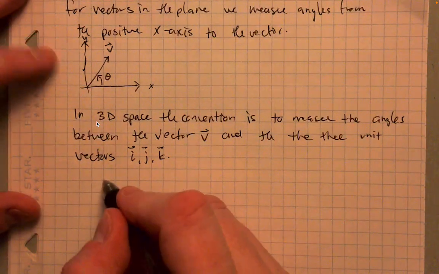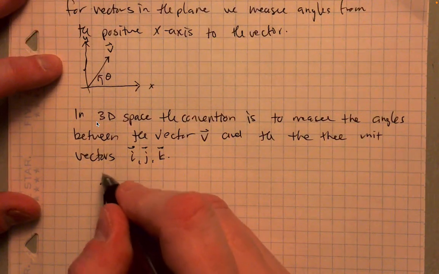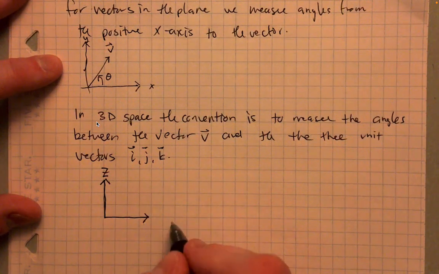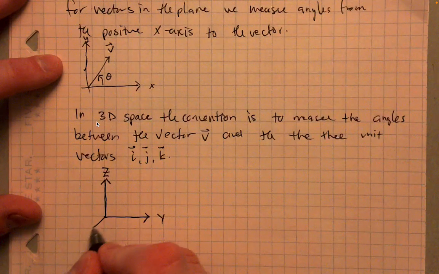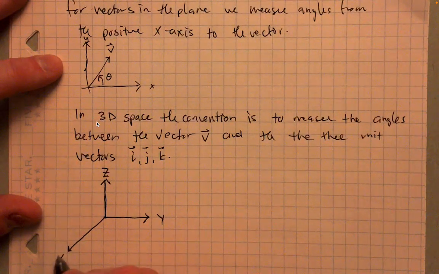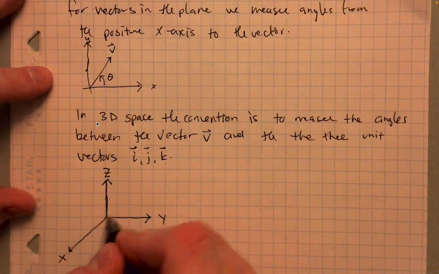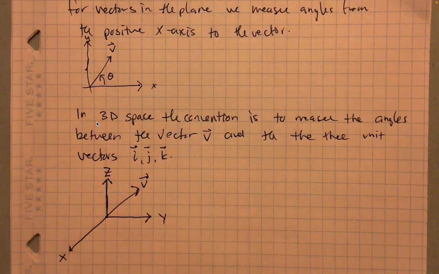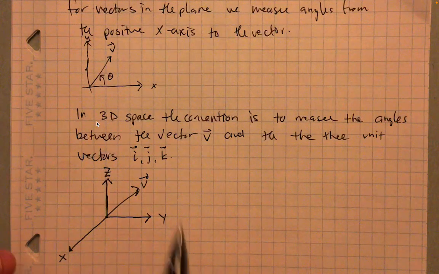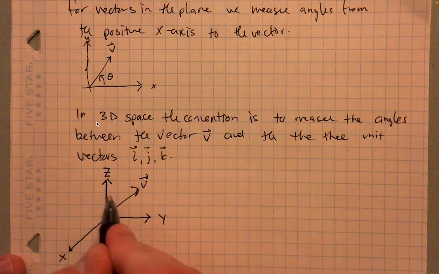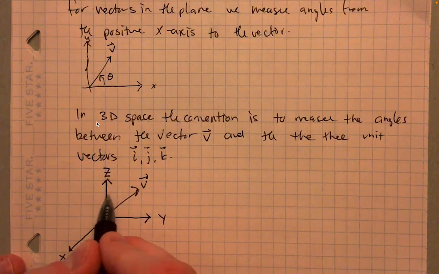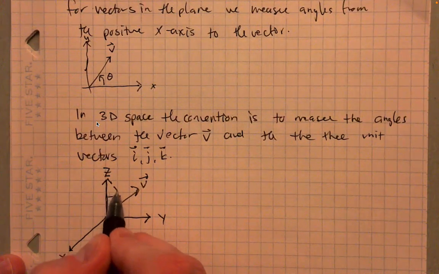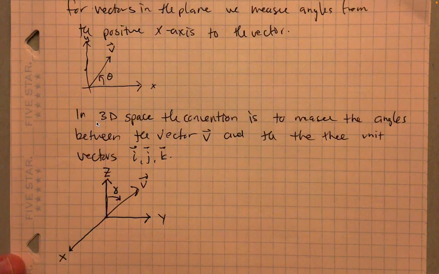So if you've got, this will be your z-axis, and then we'll say this is your y-axis, and then your x-axis. If you've got some vector v in here, then the angle swept out by v relative to the z-axis, we typically denote by gamma.